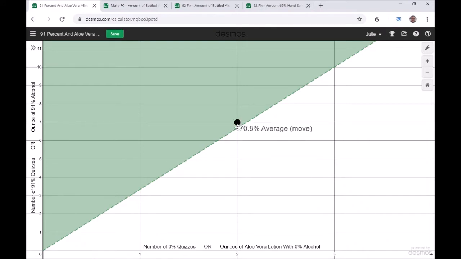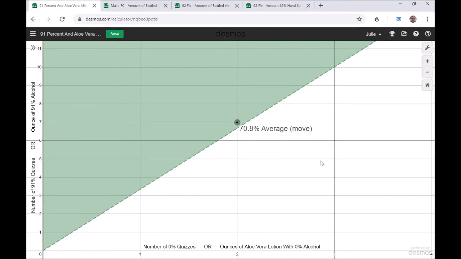So I need more. Let me bring up the aloe vera, bring up the alcohol, or the 91% quizzes, and if I've got 7 of those with 2 of those, my average comes out to be above a 70, and it's a little bit closer to 70 than right here. And that lets us save. We don't have to use as much alcohol compared to the aloe vera.